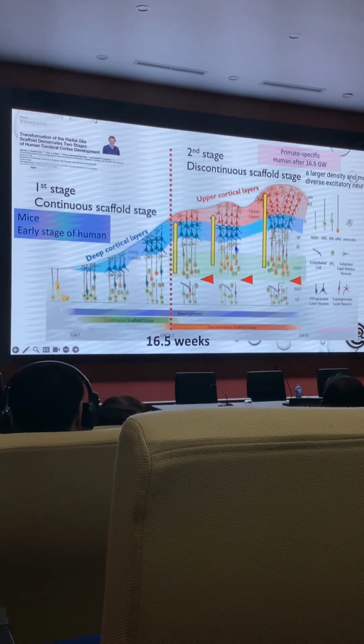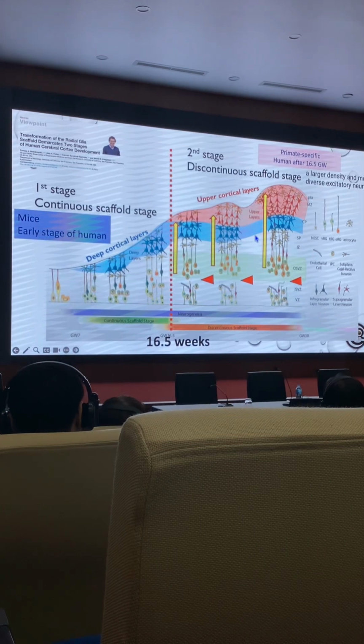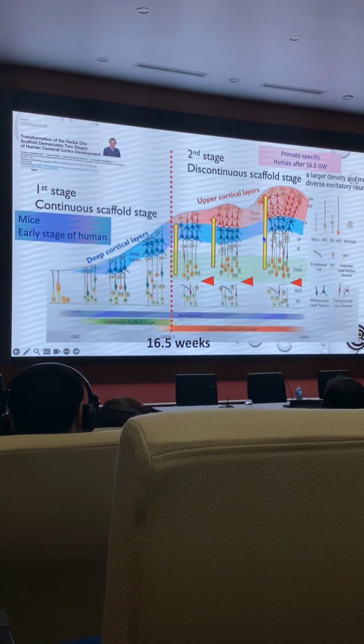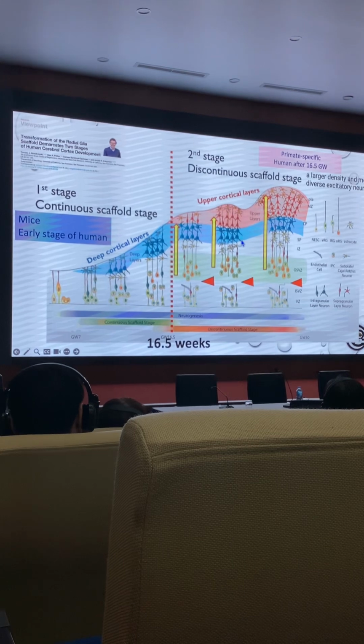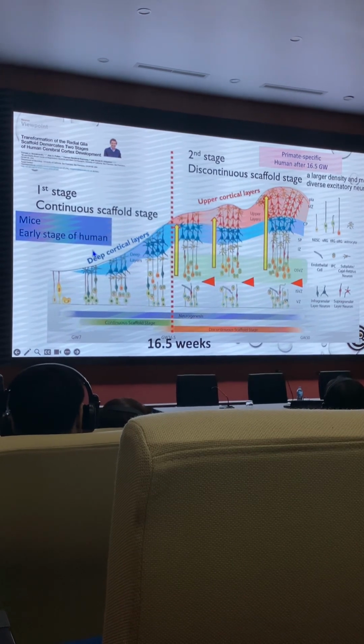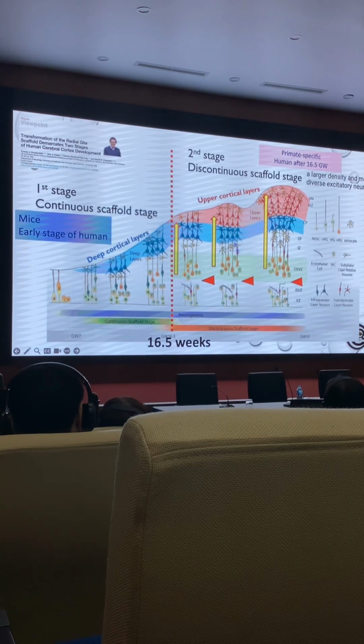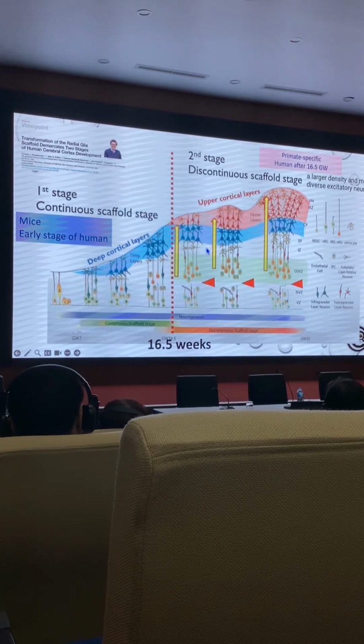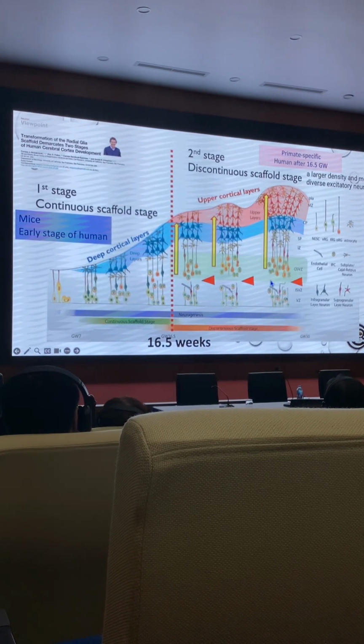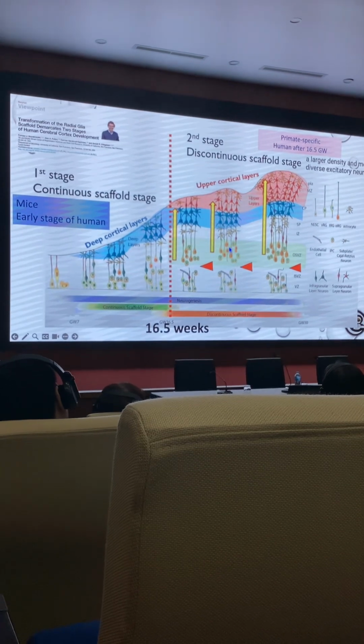Therefore, the mouse has no second stage. The mouse has only the first stage. And the human has the second stage, and this is a completely different between mice and humans.